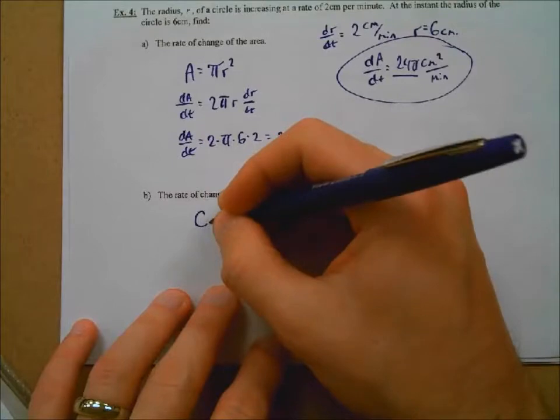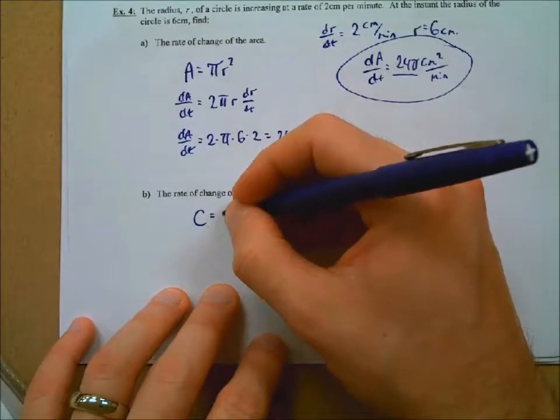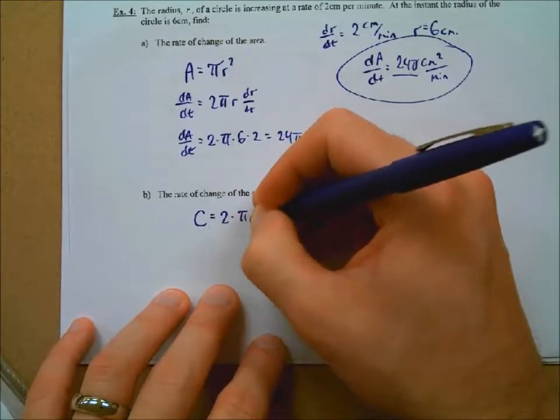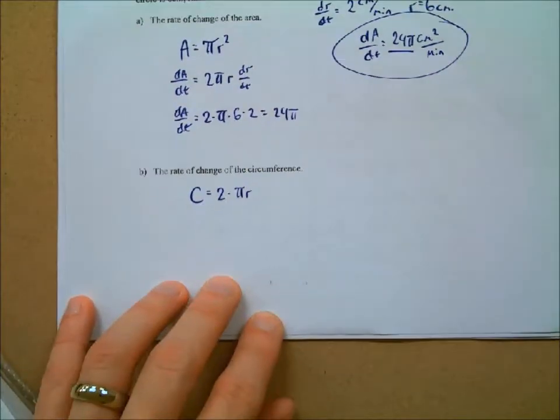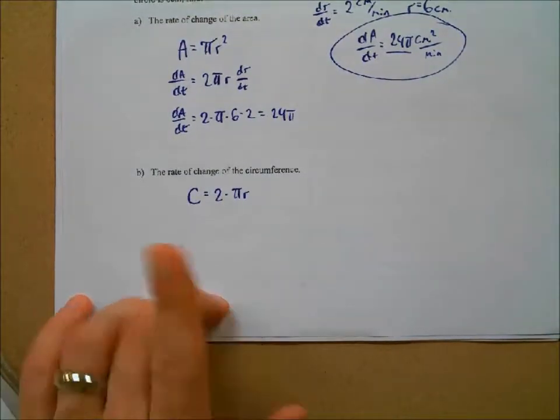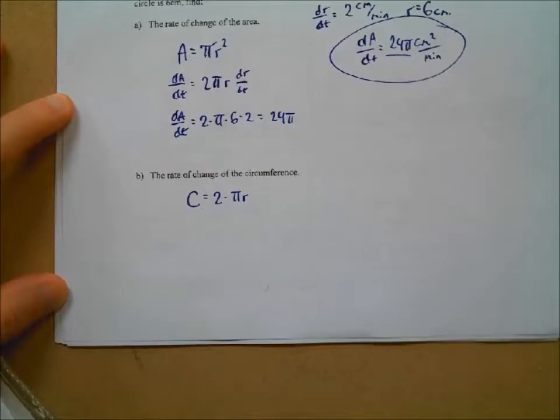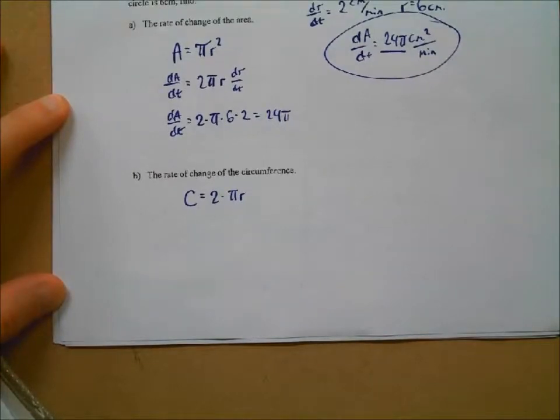All right, letter B. Now we want to find the rate of change of the circumference. What is the circumference for a circle? So yeah, pi times the diameter, or 2 times pi times the radius. Okay, 2 times pi times the radius there. All right, you guys go ahead and go from there. Find the rate of change of the circumference.